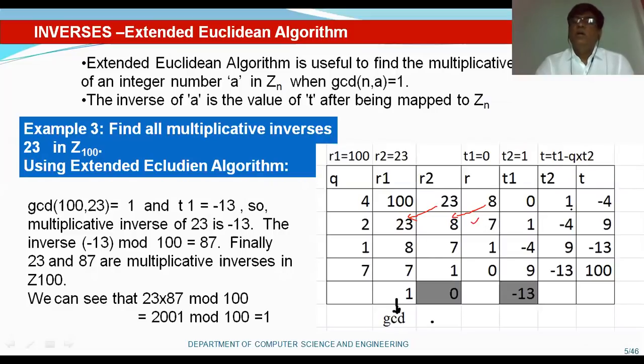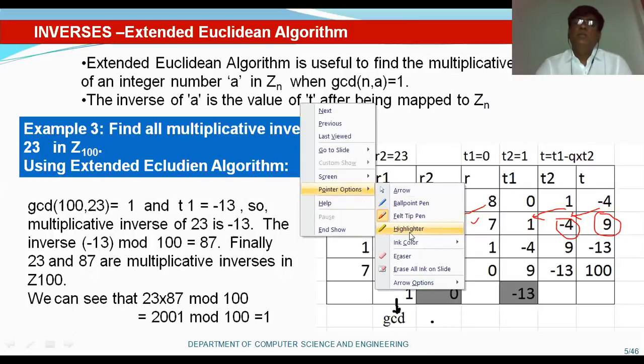Now T2 becomes the new T1, and T becomes the new T2. The T value is T1 minus Q times T2, that means 1 minus 2 times minus 4, which is 1 plus 8. Its value is 9.